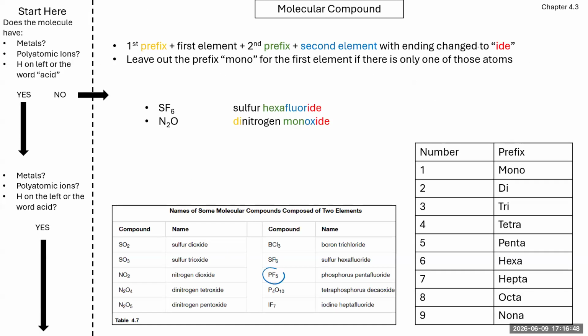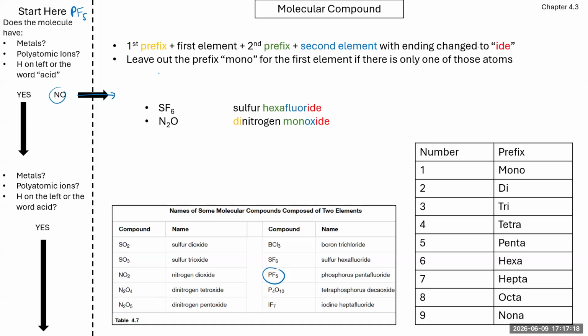Okay, so we did this last lecture, but let's just do it real fast. All right, so we're going to start here. Let's write our molecule here, PF5. Ask these questions. Does the molecule have metals? No. Polyatomic ions? No. H on the left of the word acid? No. We're going to go here. We're going to do the first prefix, first element, second prefix, second element, and then change the ending to ide.